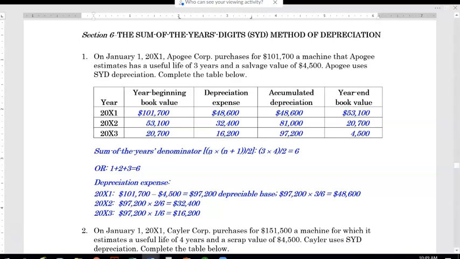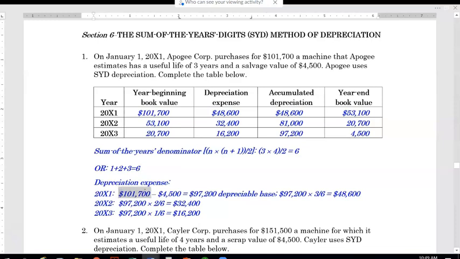So either you're going to use this formula, which is n times n plus 1 divided by 2. And the answer is 6. If you like to do it this way, it's also good. Either way is fine.